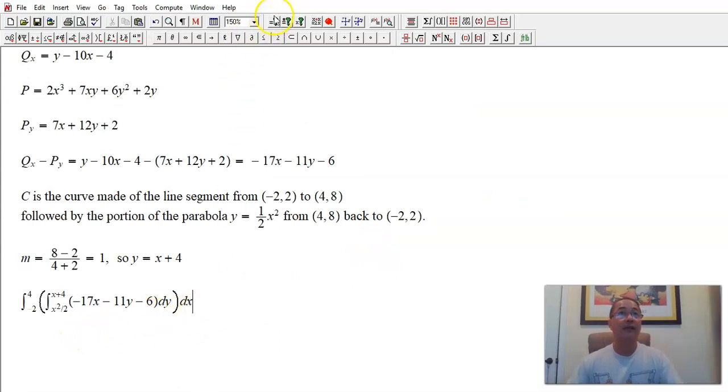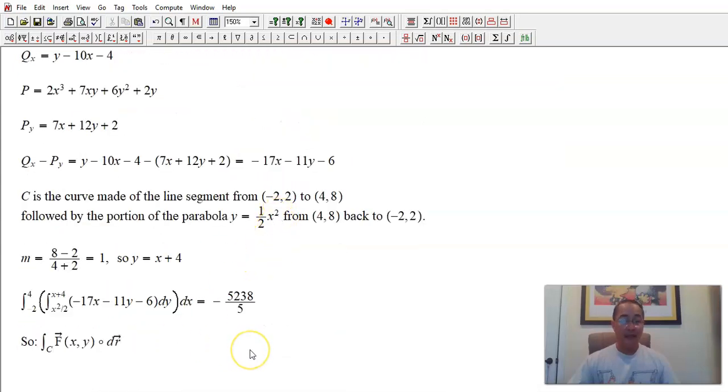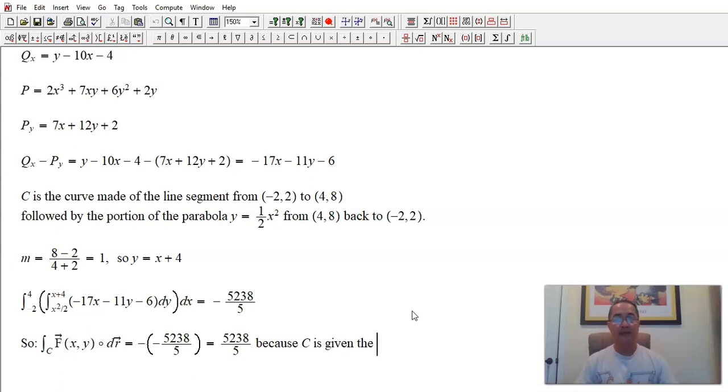And in fact, what's the final answer? Negative 5238 over 5. The contour integral that we want is not this, but the negative of this answer. That is our final answer because C is given the negative orientation in this problem.